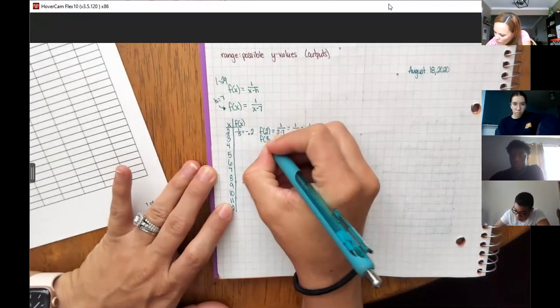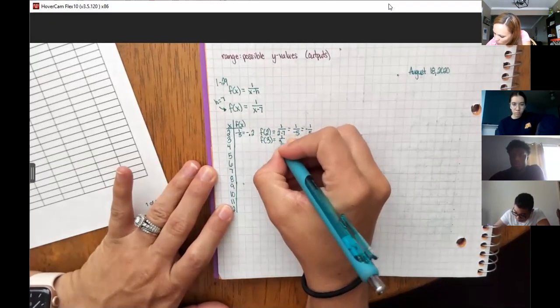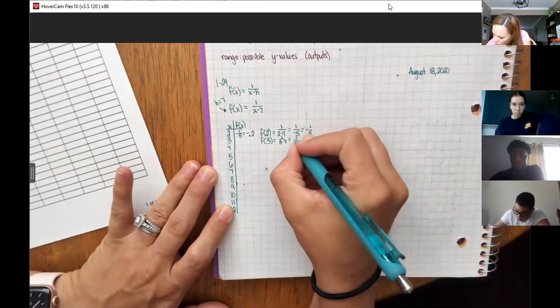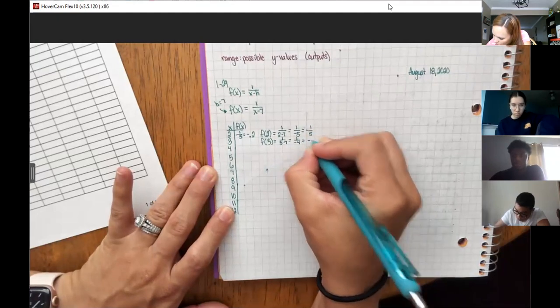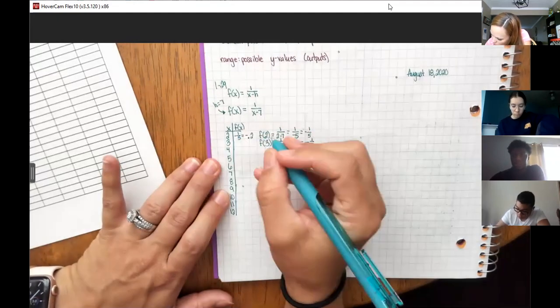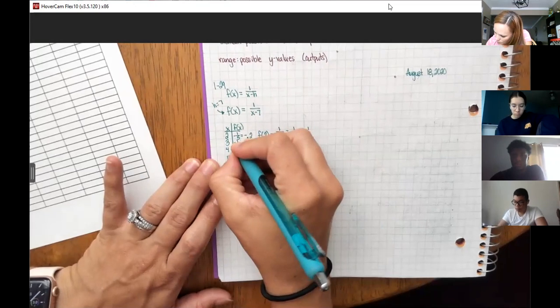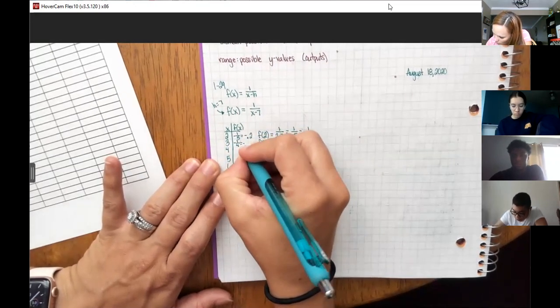So for f of 3, it would be 1 over 3 minus 7. 1 over negative 4 is negative 1/4, or negative 0.25.